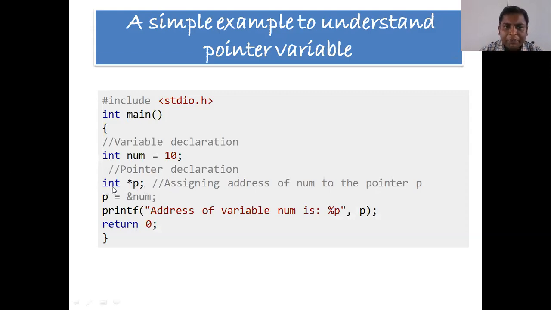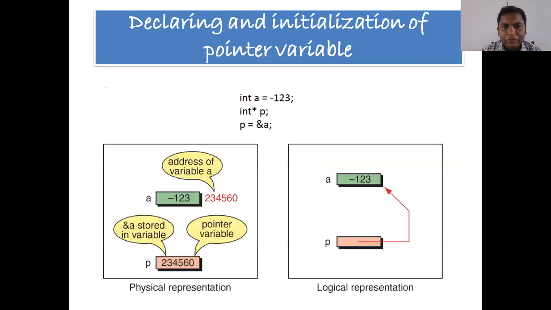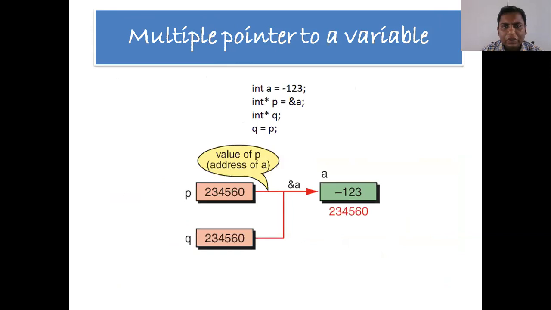In this step, I am simply declaring the pointer. So the syntax for pointer declaration is data type followed by asterisk followed by pointer variable name.